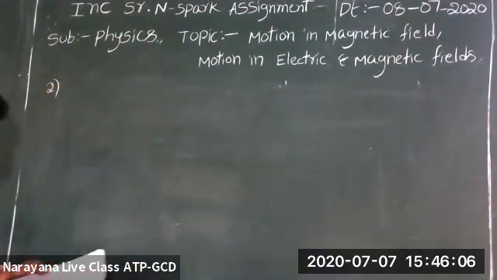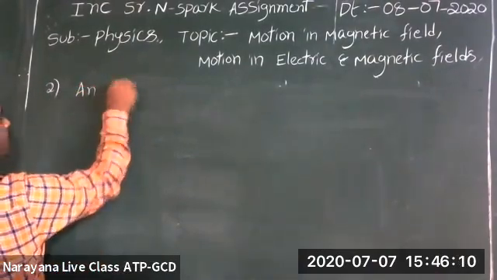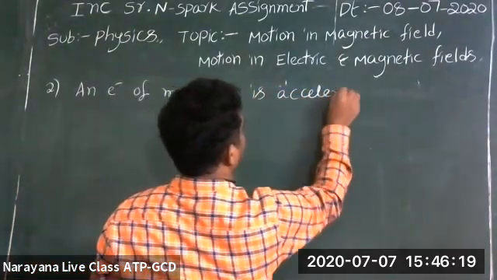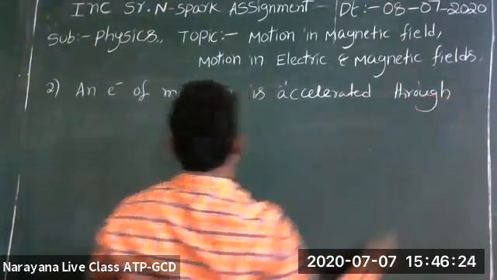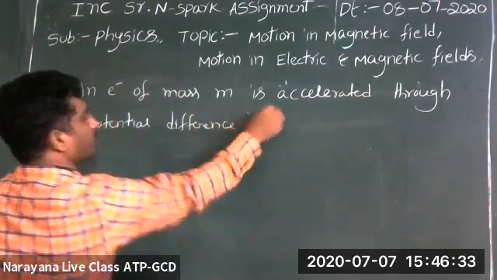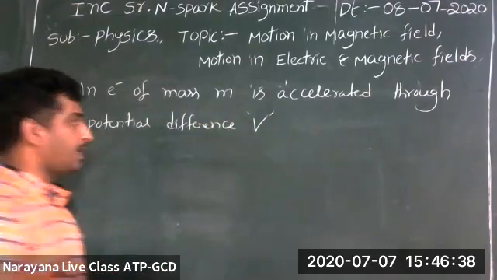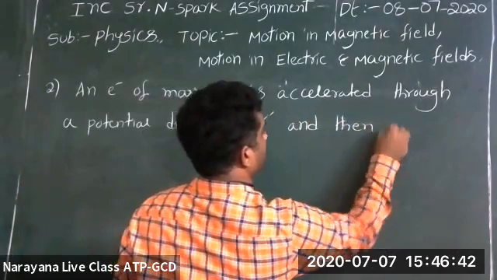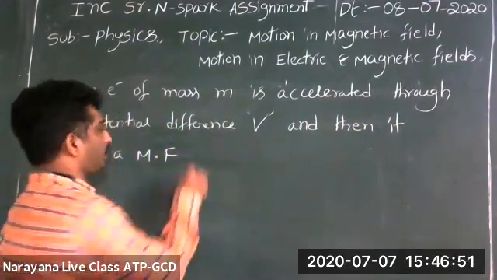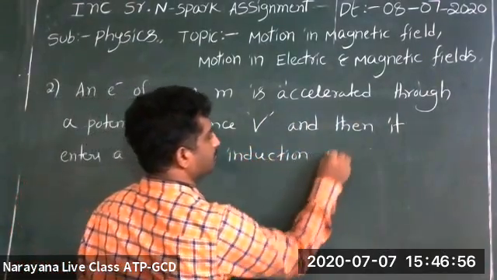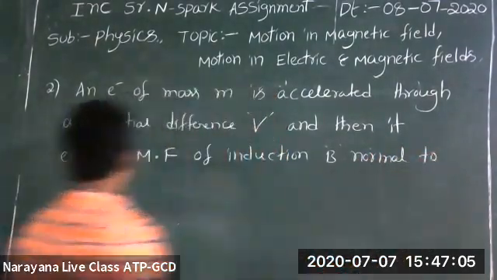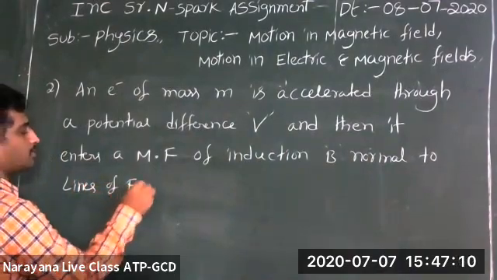Second problem. An electron of mass m is accelerated through a potential difference V. And then it enters a magnetic field of induction B, normal to the lines of force.